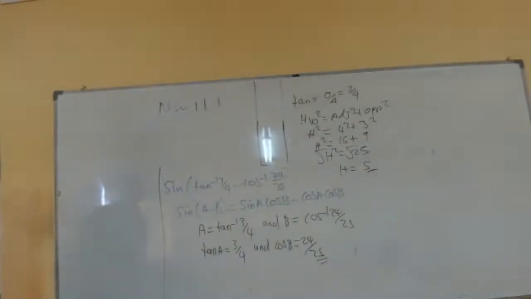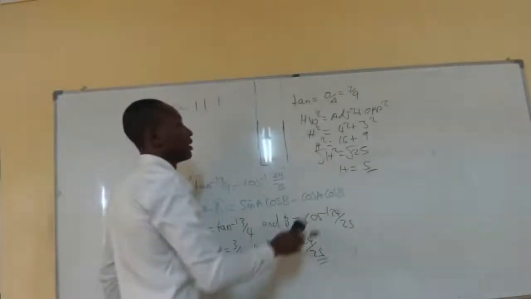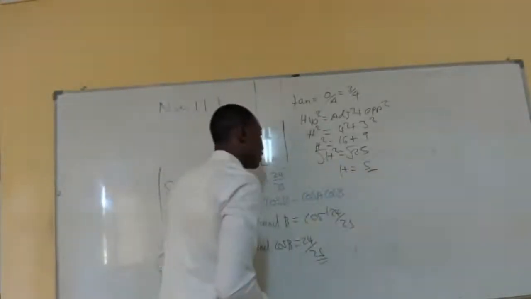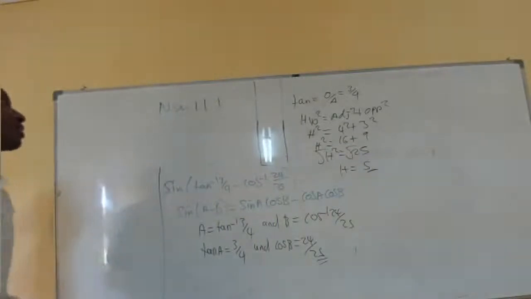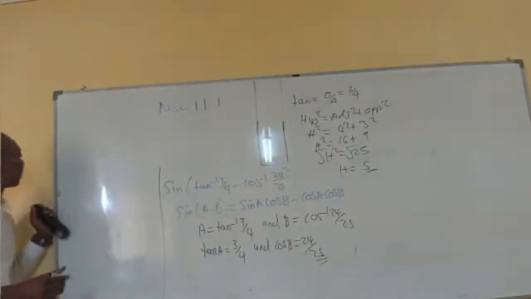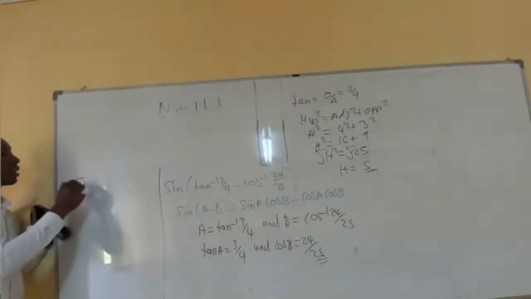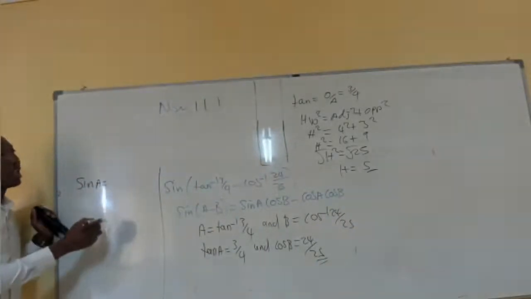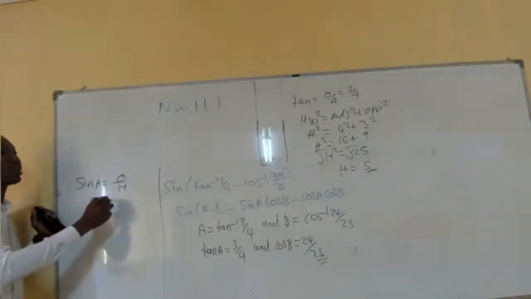All right, so the hypotenuse is 5. Now that we know that, we need to find the missing link. We now need sine A. Sine A is opposite over hypotenuse.